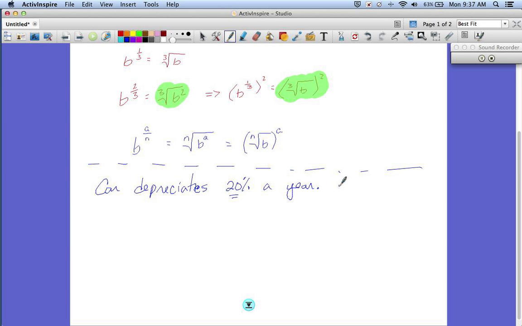Let's say you bought it 5.5 years ago, and currently it is worth $8,200.